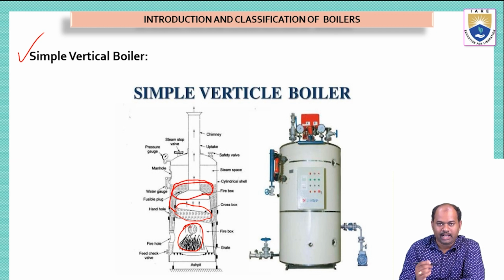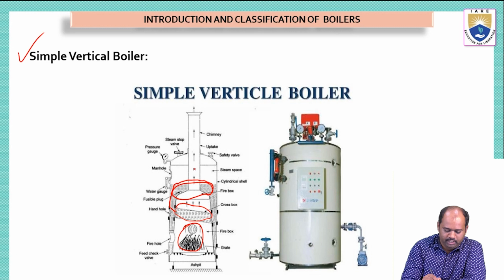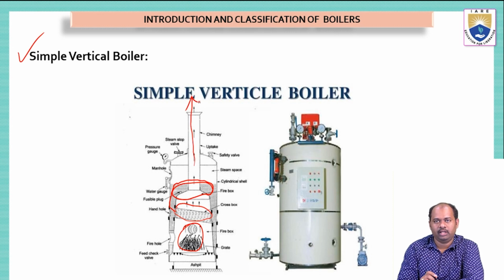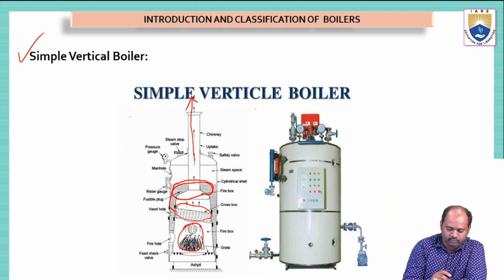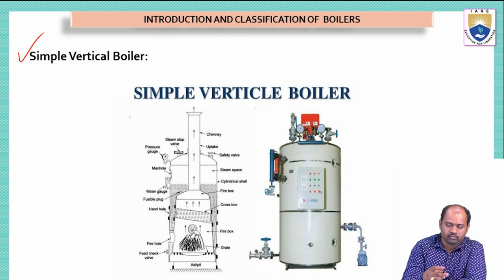The hot gases will be released into the atmosphere through this chimney. From this working, we can understand that this is a water tube boiler, because the water is flowing inside a closed tube. Now let us understand the process. Here the coal will be combusted.